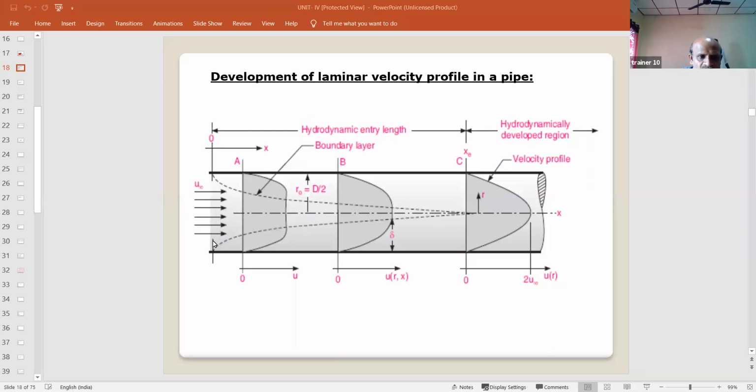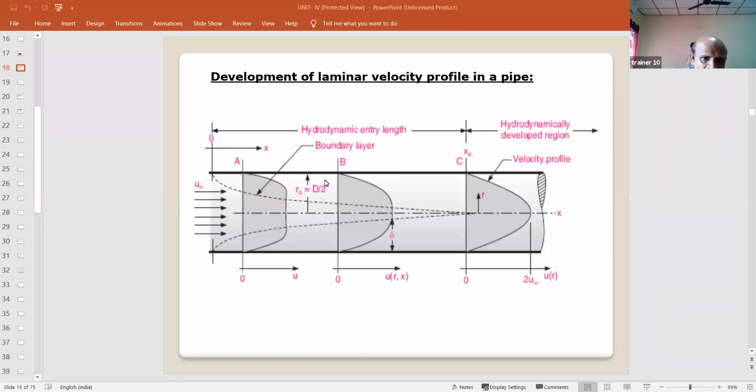In the case of plates, we have only one boundary layer like this, whereas in this pipeline we have boundary layers like this. Why? Because in the case of flat plates, or in external flow, the flow is exposed to the air. That means we have the free stream.